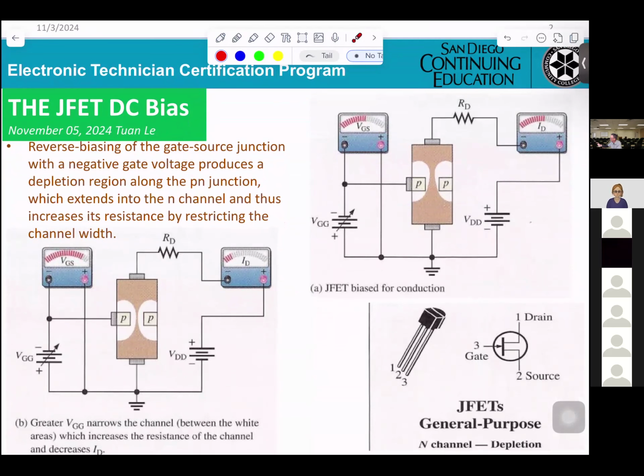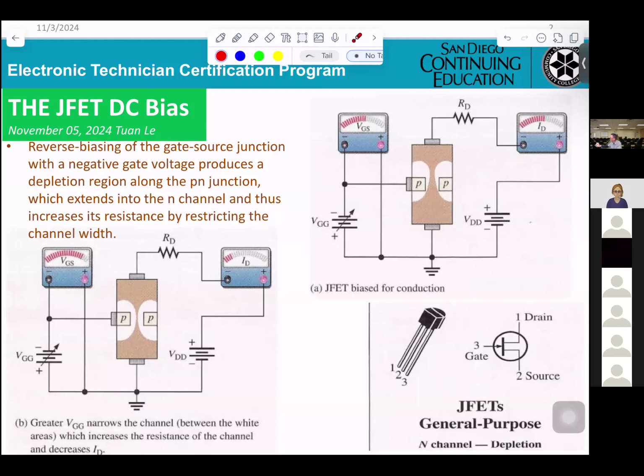Now we'll see here that reverse bias of the gate-source junction with a negative gate voltage produces a depletion region along the PN junction, which extends into the N channel and thus increases resistance by reducing the channel width. First thing, looking at that picture, you get a VGG negative voltage connected to the DMM.